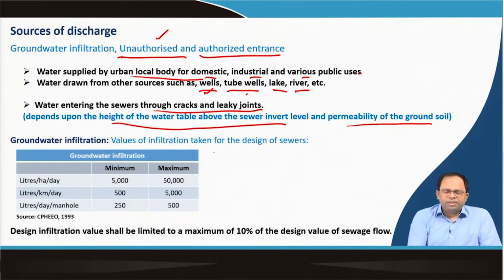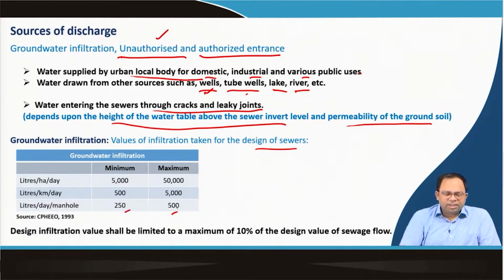So, the values of infiltration taken for designing of sewers is something around 5,000 to 50,000 liters per hectare per day, or it could be liters per kilometer per day, 500 to 5,000. Then liters per day per manhole, it could also be estimated based on manholes, because we assume that via the manholes a lot of groundwater enters, that is 250 to 500.